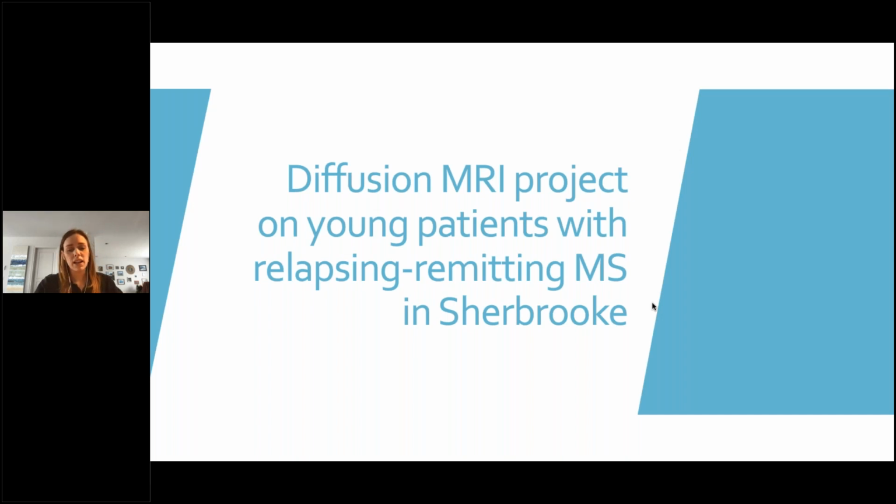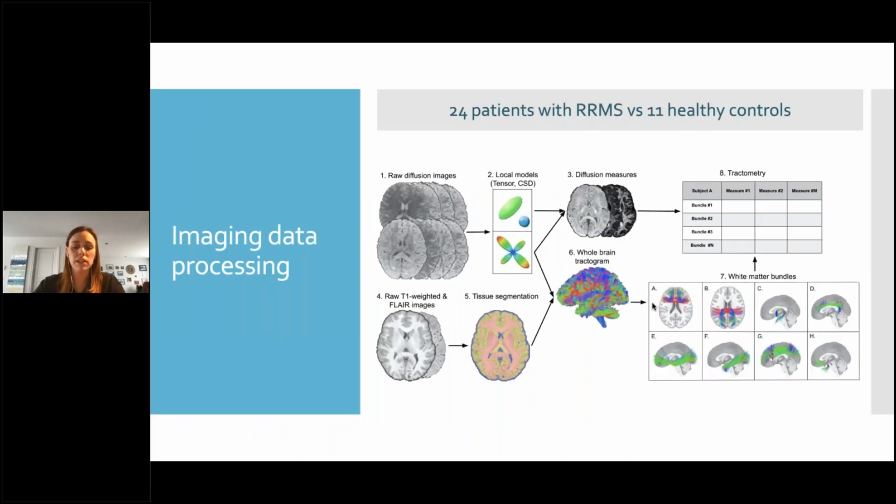So we did a diffusion MRI project to study the effect of relapsing remitting multiple sclerosis on young patients' cerebral white matter in Sherbrooke using an advanced diffusion MRI methodology. We recruited 24 patients with relapsing remitting MS, and they were compared to 11 healthy controls.